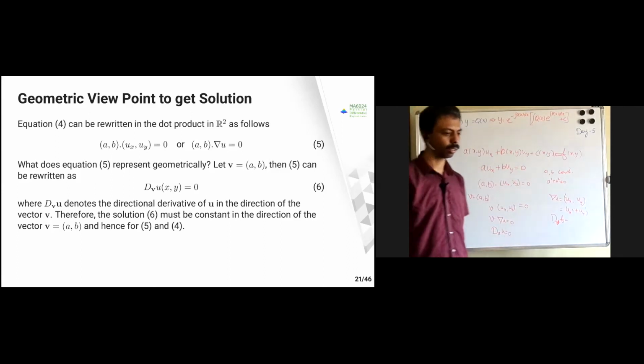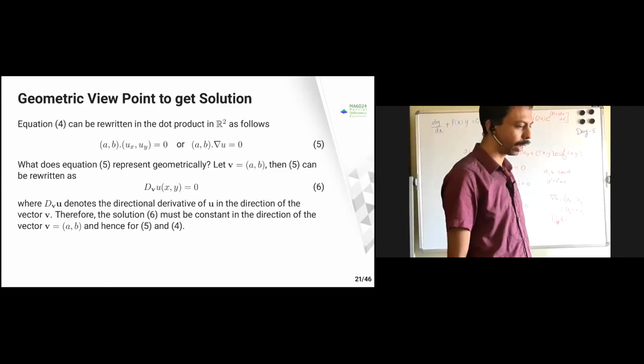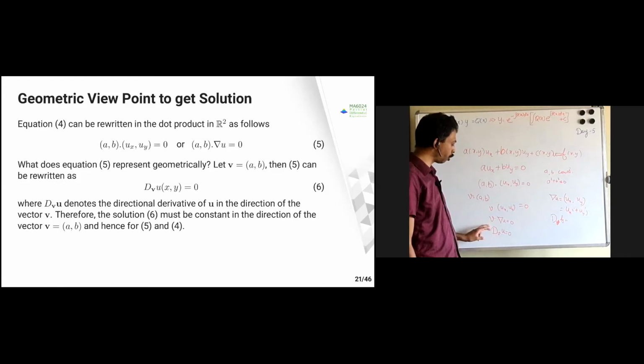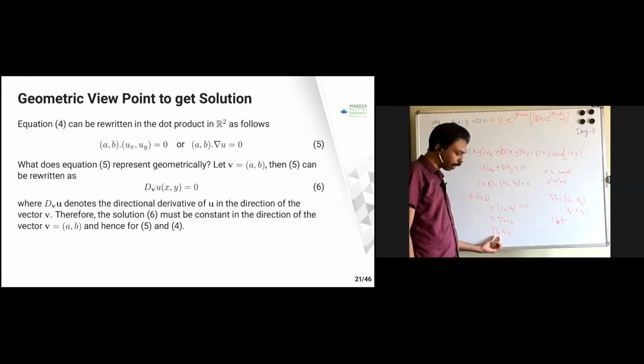Recall the preliminaries from the last class: dv of u is nothing but v dot del u. So what you obtained is a directional derivative. This is called the directional derivative of u in the direction of the vector v. In that direction it is 0.